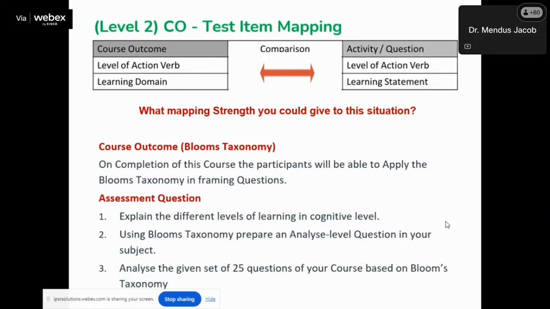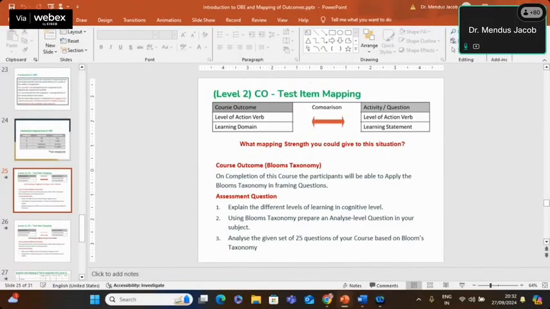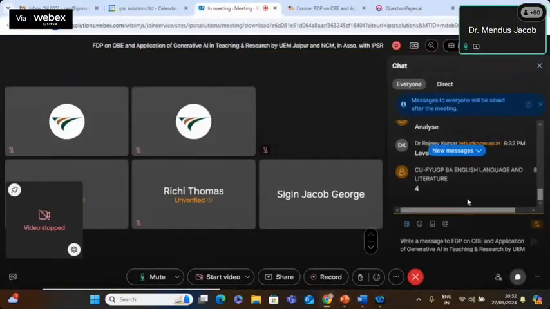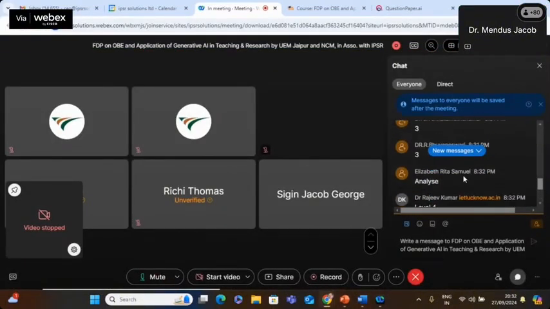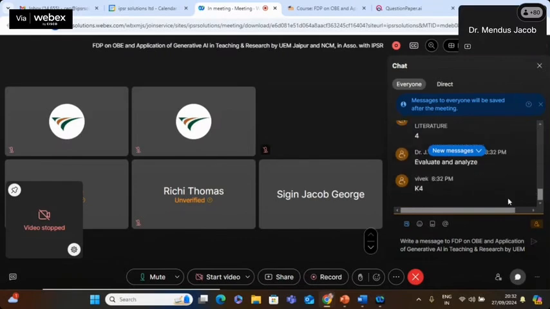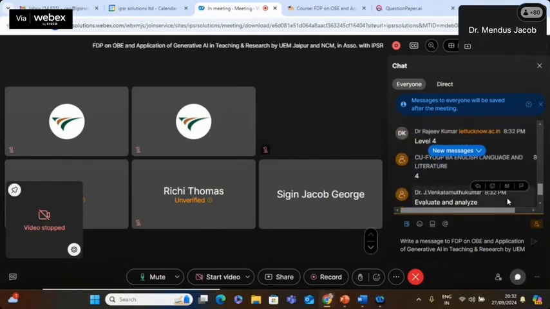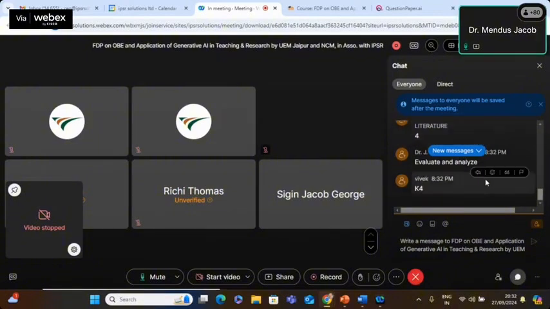So what is the level of this question? You have to analyze your question paper and check which category each question belongs to. It's only analyze level, just we are analyzing it.